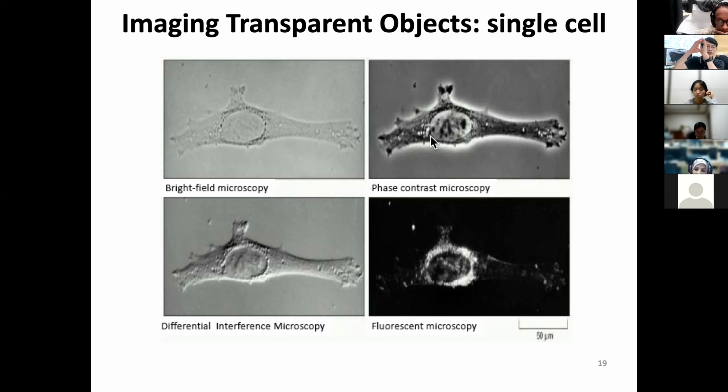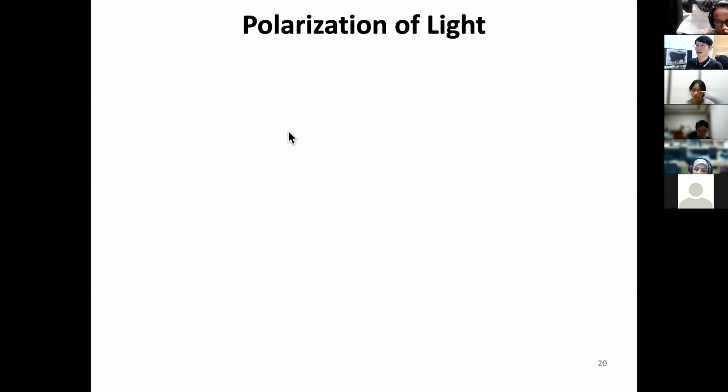However, the next one is very interesting. You look at this differential interference microscope. Look at this one, it is almost like shadow images of a 3D object. This is also very, very cool because it gives a very interesting way of giving contrast. But remember, there's one directionality of the shadow. So that's something interesting. Fluorescence we'll discuss later.